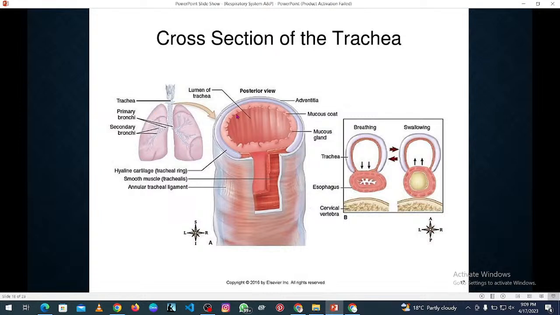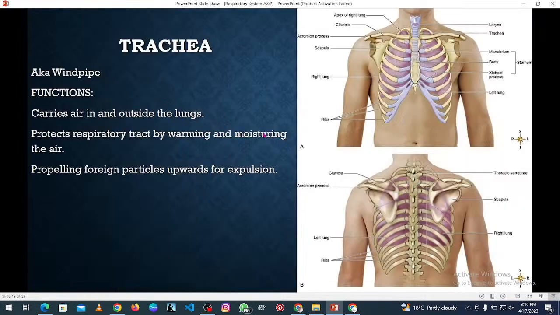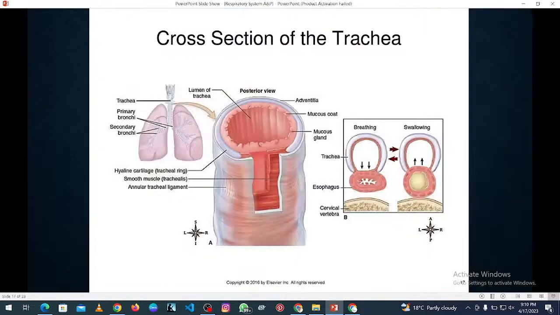So here we have a mucosal lining, and it has goblet cells that secrete mucus. And the mucus helps, number one, in warming and moisturizing the air. Aside from that, we have some cilia.